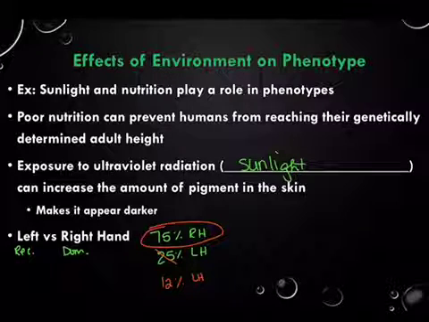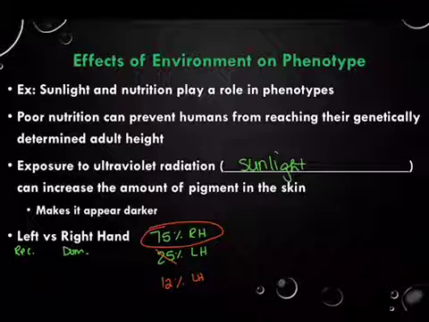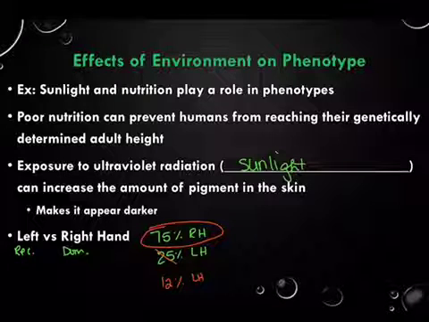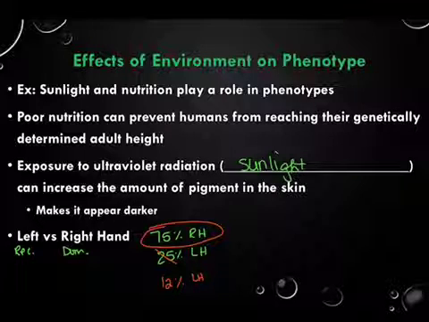Or even rolling a ball or putting a toy on their right side. It's just things that adults do without even thinking about it. And so your environment can overrule some of your genetics. So there's about 12% of right-handed people who actually are genetically supposed to be left-handed, but that's just not the case.